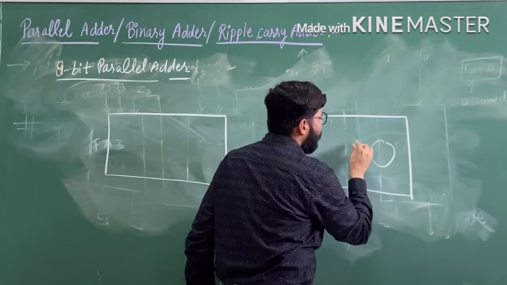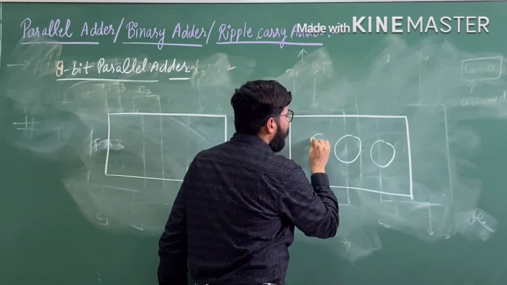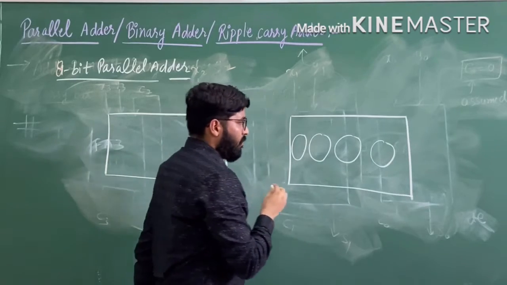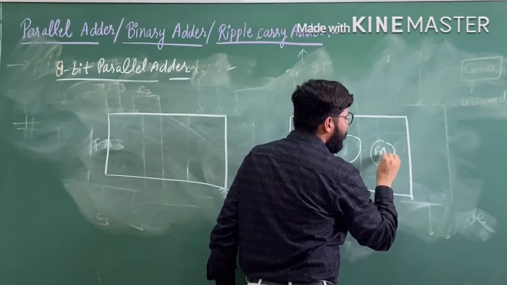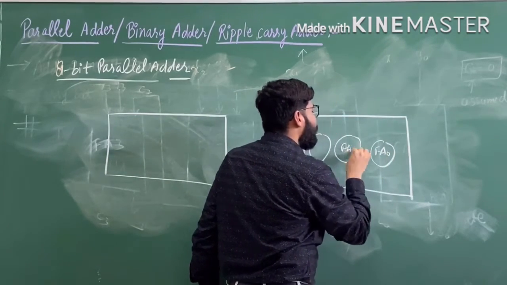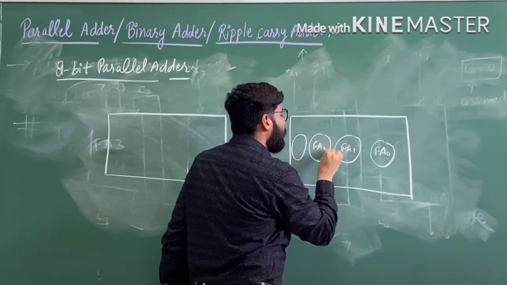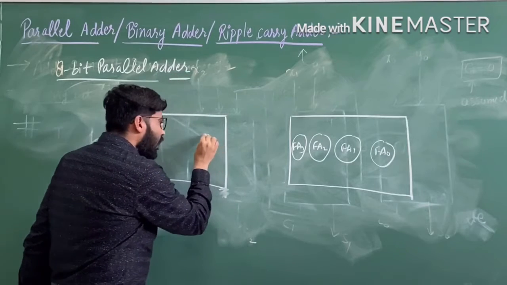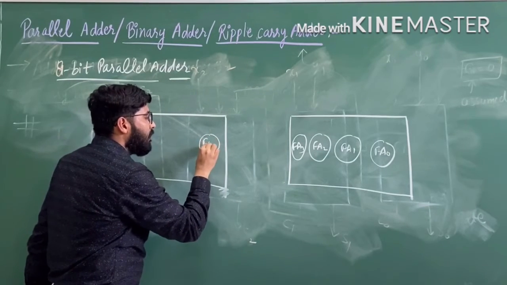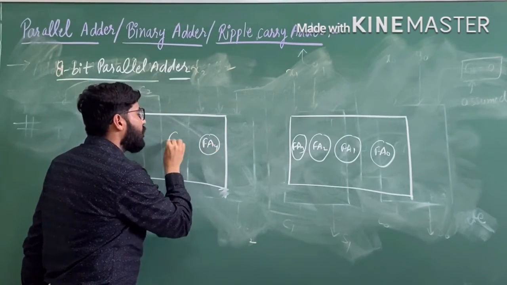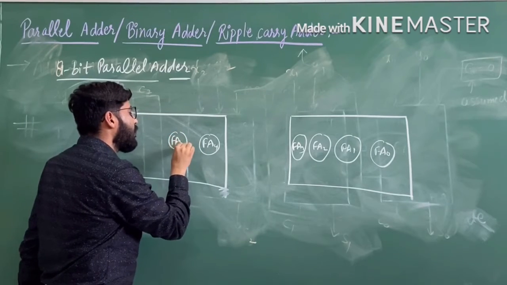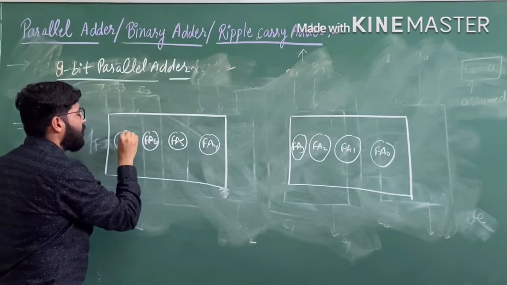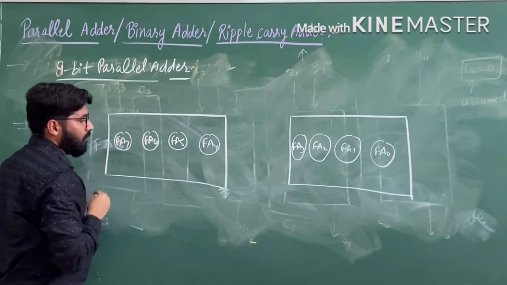Suppose this is full adder 1, this is full adder 2, this is full adder 3 and this is full adder 4. Suppose we can write it FA0, FA1, FA2 and FA3. Okay. Now here also 4 full adders are there. Suppose this is FA4, this is FA5, this is FA6 and this is FA7.